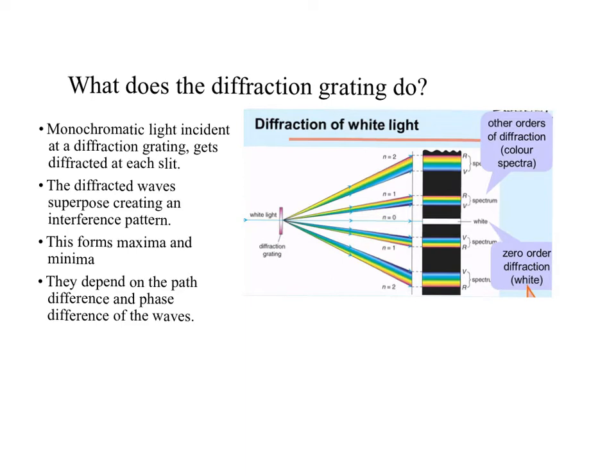So the interference pattern, to remind you very quickly, forms maxima and minima, where maxima in terms of monochromatic light, meaning just one color light, form where you have bright fringes, so the brightest color, and minima mean that it will have no color at all. It will be dark, basically, fringes where the waves cancel out. Now this depends on the path difference and phase difference of the waves. So something that we will be looking at later.